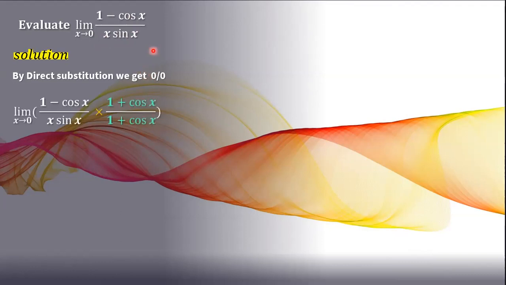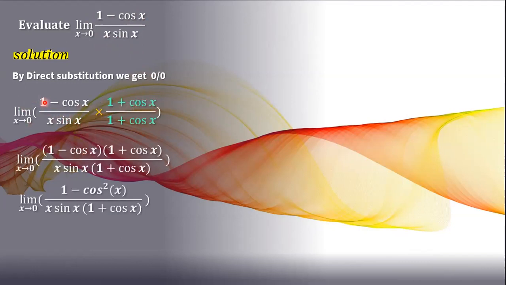Now we can multiply both numerator and denominator by the conjugate of the numerator. The conjugate of 1 minus cosine is 1 plus cosine. 1 minus cosine times 1 plus cosine equals the square of the first one minus the square of the second one, a difference between two squares, and the denominator is the first denominator times the second denominator.